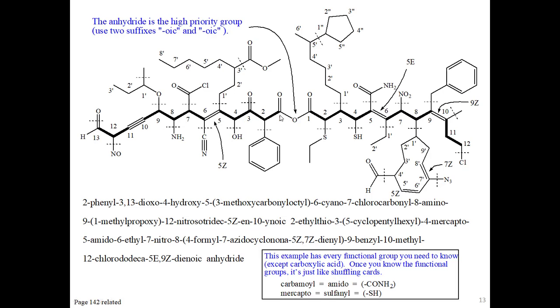So we start here at the anhydride carbonyl. 1, 2, phenyl. Okay. 3, oxo. But then I always look down the line for any other oxos, and I find one at the end, 13 here. So 3,13-dioxo. And then 4, I have a hydroxy. And 5, what do I have at 5?